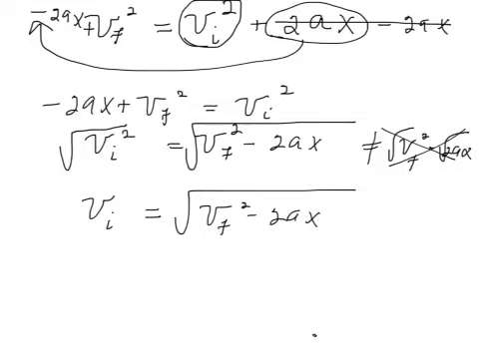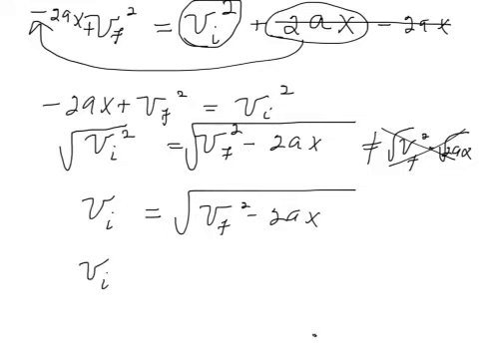2ax. And then if there are numbers for the problem, the numbers that were given for the final velocity, the acceleration, and the distance would go into the equation. You would put the numbers in with the units and solve. Let's just pretend that we have those numbers.